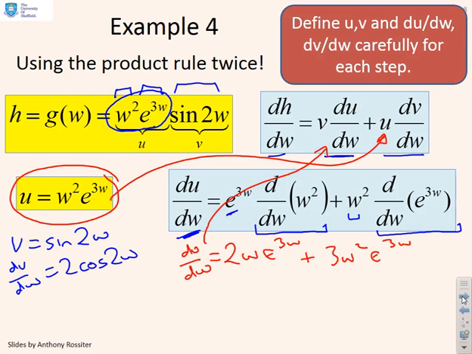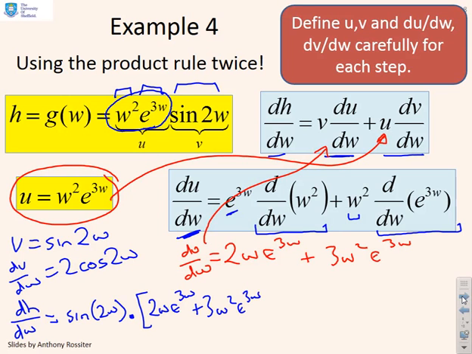And I know this is beginning to get messy, but let's see if we can try and fit it in. So eventually then dh dw is going to be v, which is sine of 2w, times du dw, which is 2w e to the 3w plus 3w squared e to the 3w.